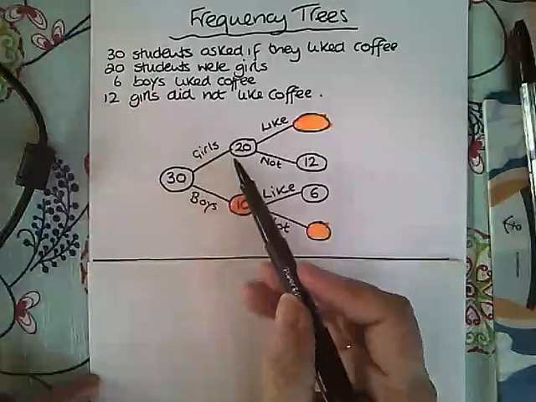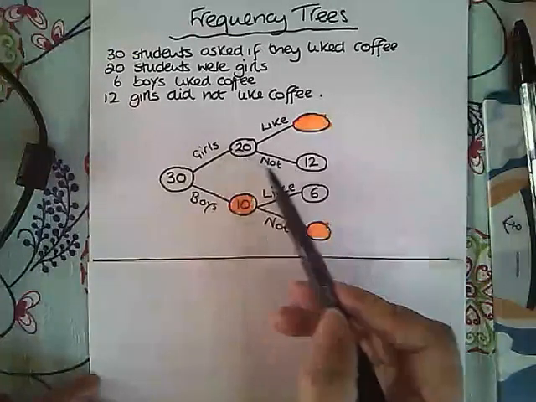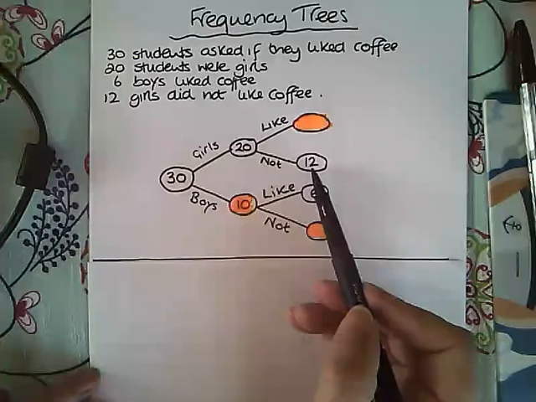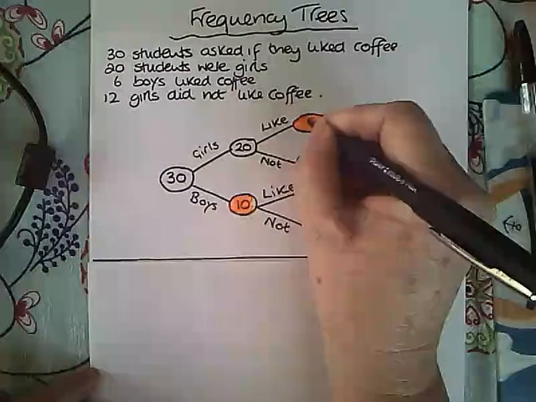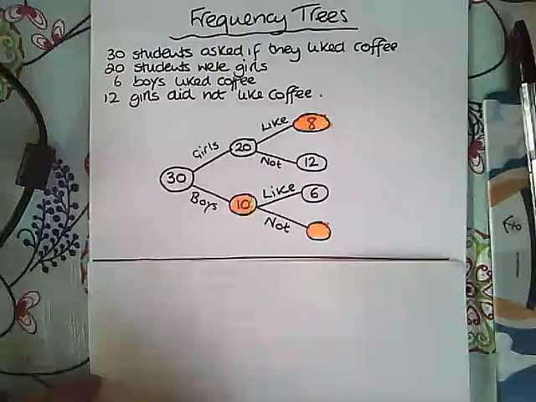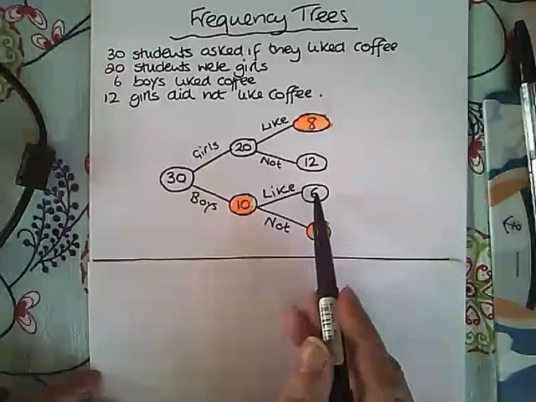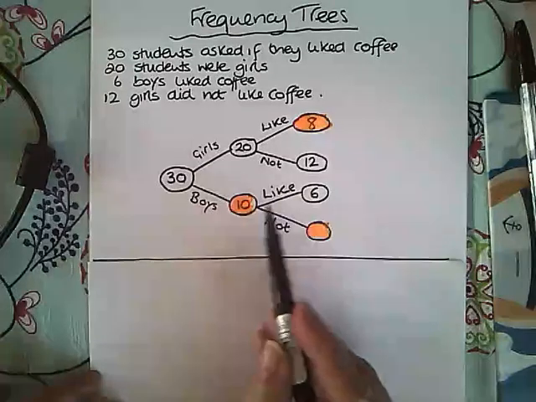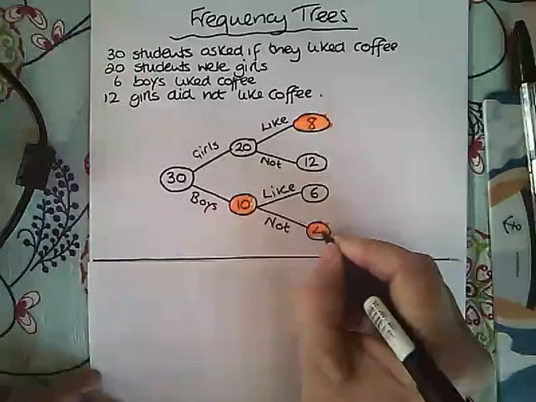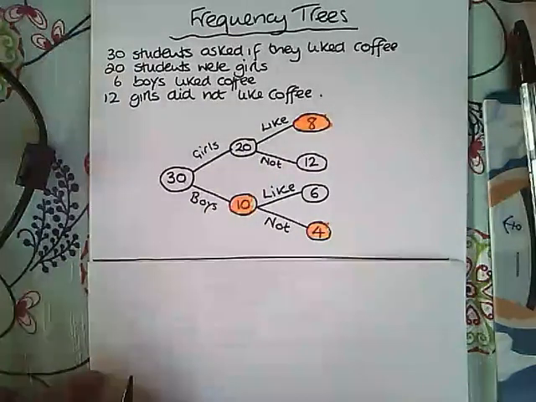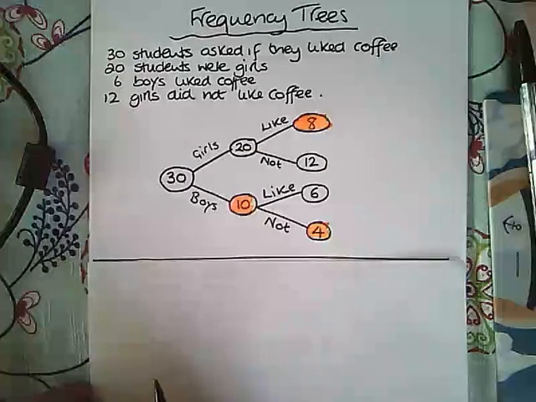If we've got 20 girls and 12 of them do not like coffee, that means 8 must like coffee. And down here, from our 10 boys, 6 of them liked coffee, which means there must be 4 who did not like coffee. Okay, so that's how you fill in a frequency tree.